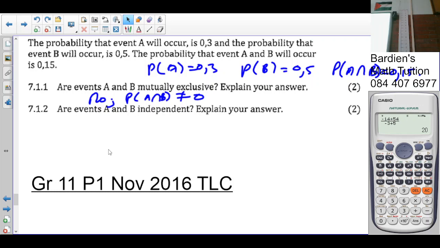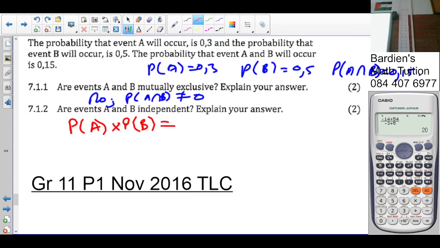Are events A and B independent? What do we know about independent events? The probability of A times the probability of B must be equal to the probability of A intersection B. So we work out the probability of A times the probability of B. That is going to be 0,3 times 0,5, which is 0,15. The probability of A intersection B is 0,15.